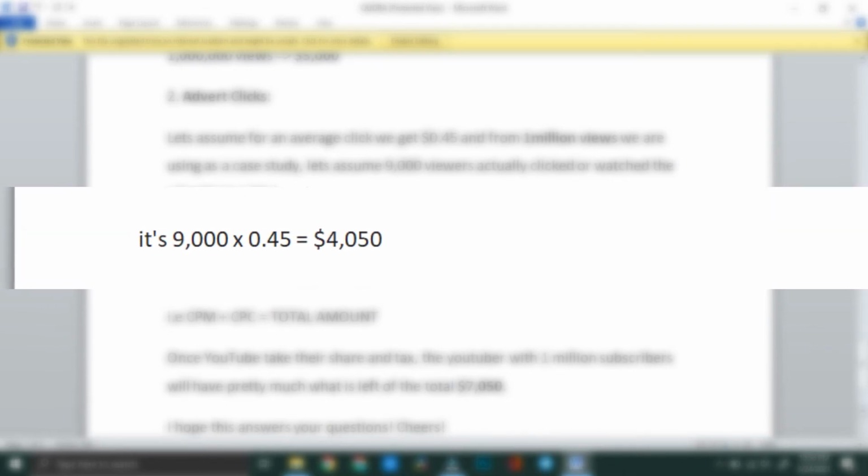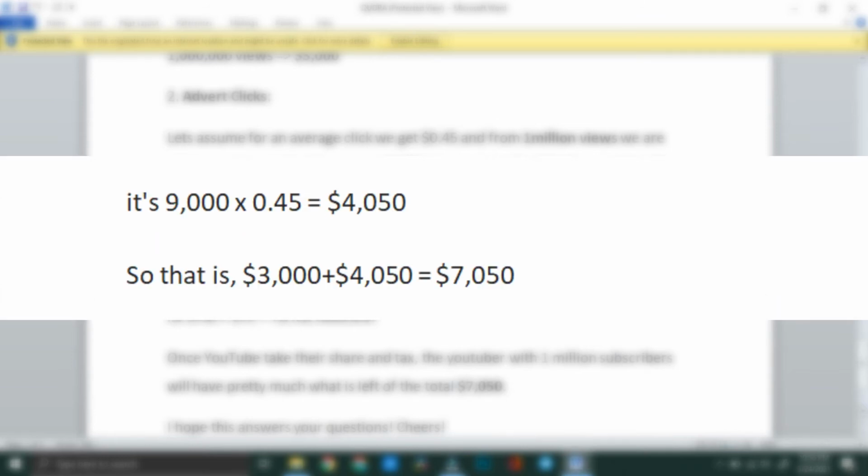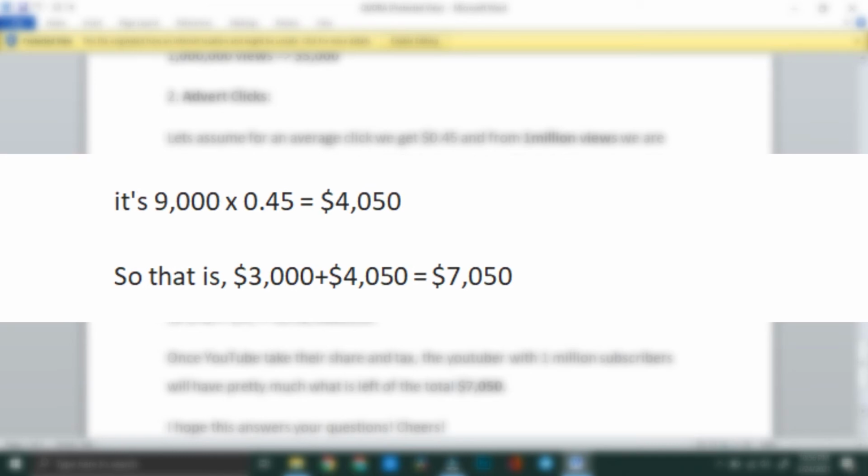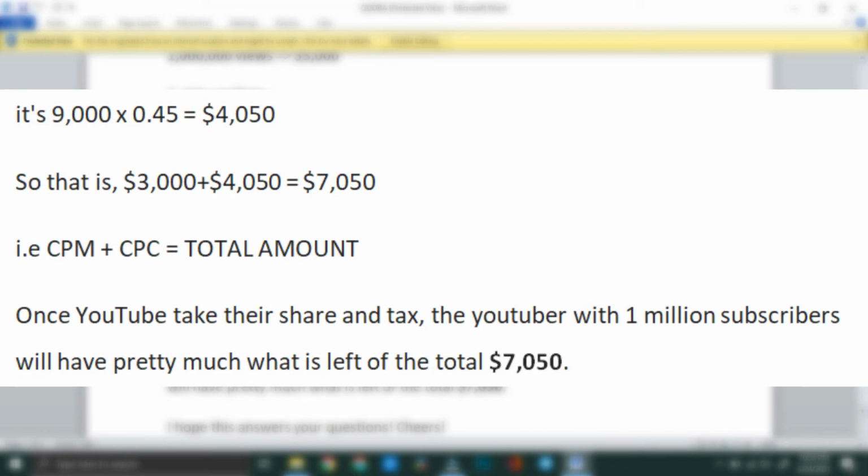So that would be 9,000 times 45 cents, which gives you $4,050. We add the first one, which is just from impressions, the $3,000, and this from the clicks, $4,050. That brings it up to about $7,050. So that is just a case study.